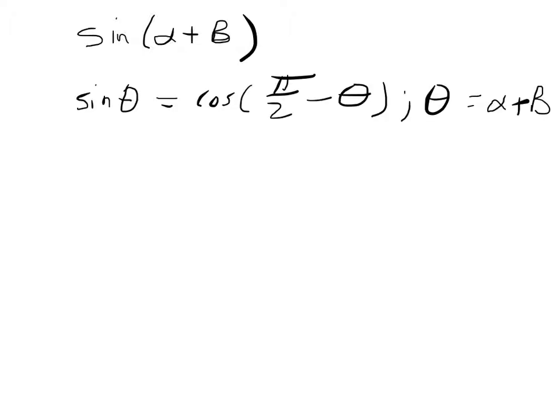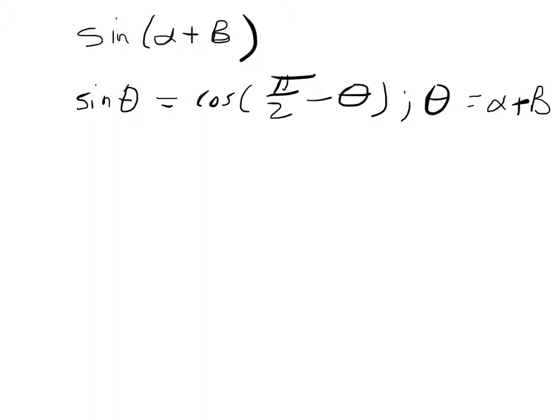And to do this, we're going to use one of our cofunctions from chapter 8, that the sine of an angle is the cosine of the complement. Remember our cofunction identity. And also we're going to let theta here be alpha plus beta, because remember we're looking ultimately to find the sine of alpha plus beta. So I'm just going to make a substitution and say let theta be alpha plus beta.